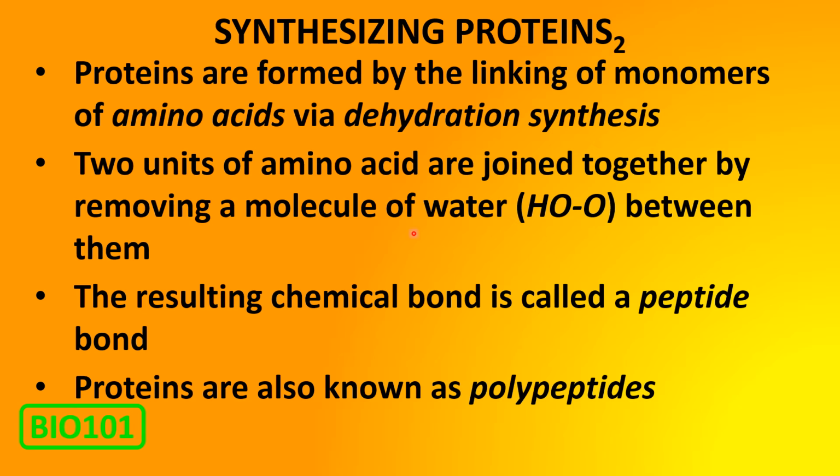So 2 units of amino acid are joined together by removing a water molecule, that's H2O, between them. I've written it like this to remind you that the OH ion of water comes from one side of the reaction, or what's going to be the linkage, the bond, and the H, the hydrogen ion, comes from the other monomer, okay?